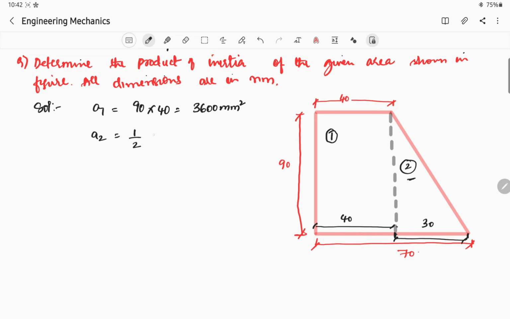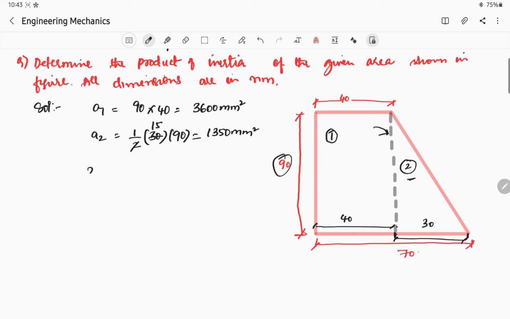The base is 30 and the height is 90. Solving, half of 30 is 15, and 15 into 90 gives 1350 mm square for A2.